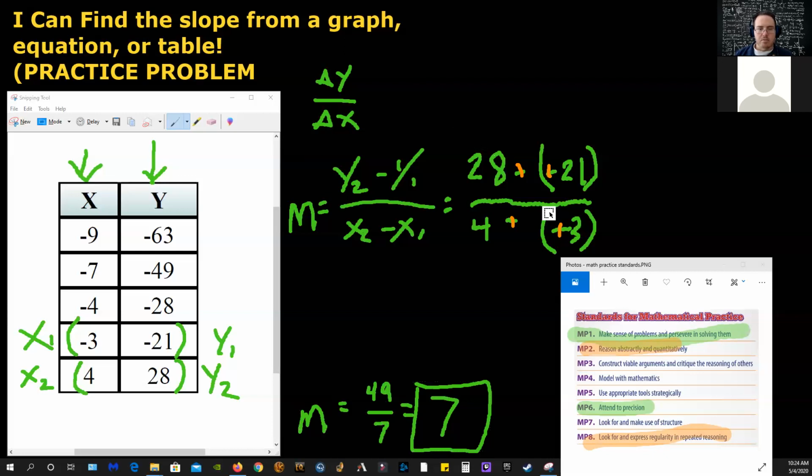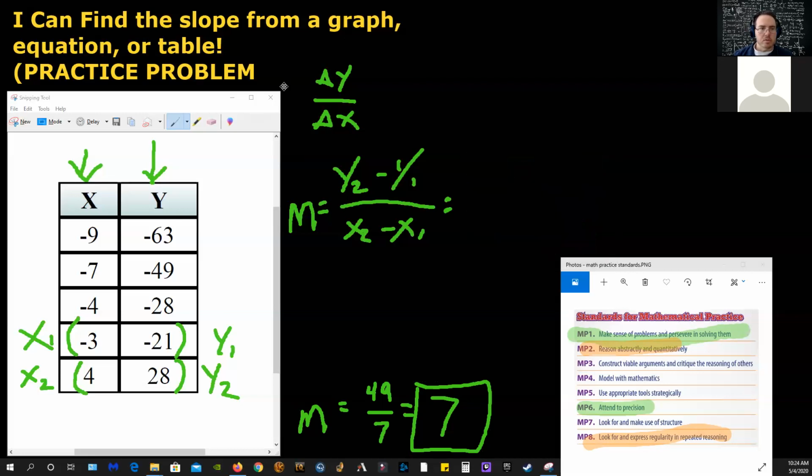So let's just say, for argument's sake, we had chosen 2 different points. Let's say we had chosen x1, x2, y1, y2. Let's just say that we chose these 2 guys.